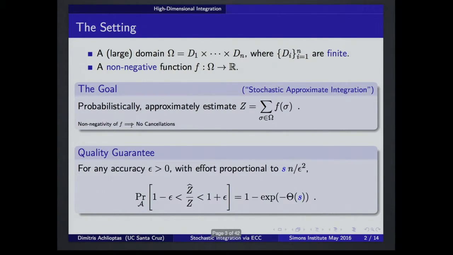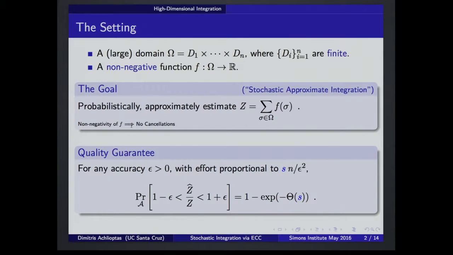In terms of the quality guarantee, we will give an estimate of the partition function which is within a multiplicative factor. And we can make the multiplicative factor as small as we want, and we can make it be true with probability which is exponentially big in the amount of work that we do.